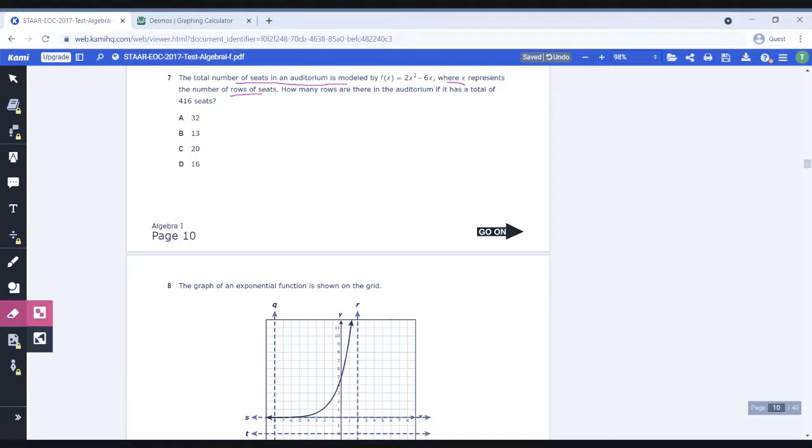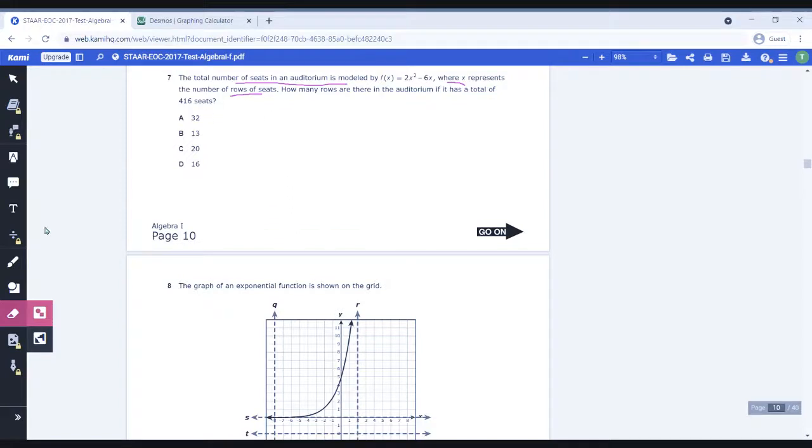So what we do first is, it says the total number of seats in the auditorium is modeled by f of x equals, and they said 416 is the total number of seats, right?